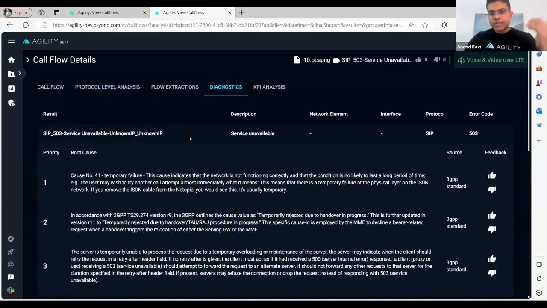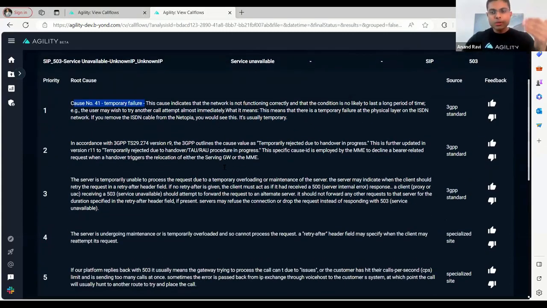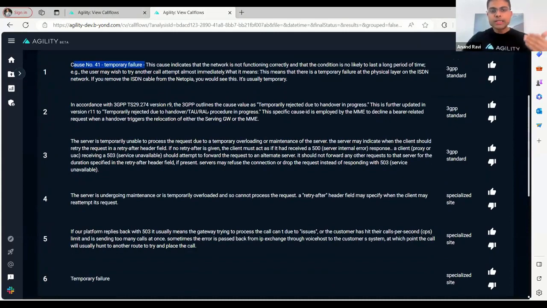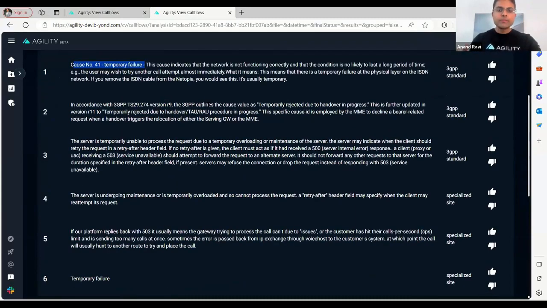And that's the diagnostic explanation for that, saying cause 41 temporary failure indicates that the network is not functioning correctly and the condition is not likely to last for a long period of time. And it references multiple other documentations to provide detailed explanations of what this root cause possibly means, right? So that really expedites the entire troubleshooting process in order to be able to isolate root cause issues much faster.